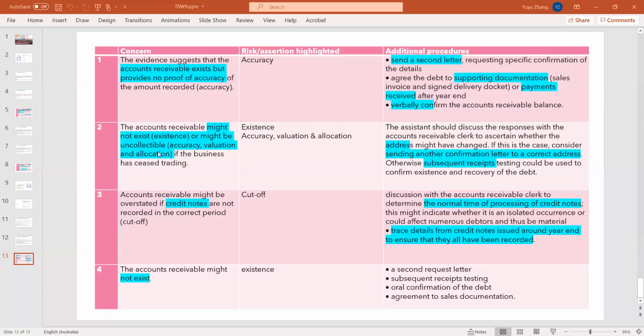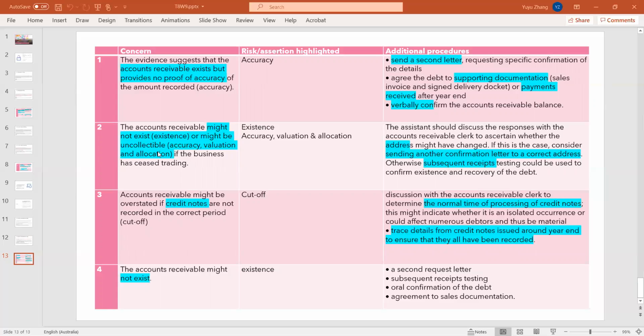Second, receivables might not exist or might be uncollectible if the business has ceased trading. So here, the assertions highlighted would be existence and also accuracy. So in this case, the assistant needs to do more work, for example, discuss the responses with the accounts receivable clerk to understand why you received the correspondence, the reply.